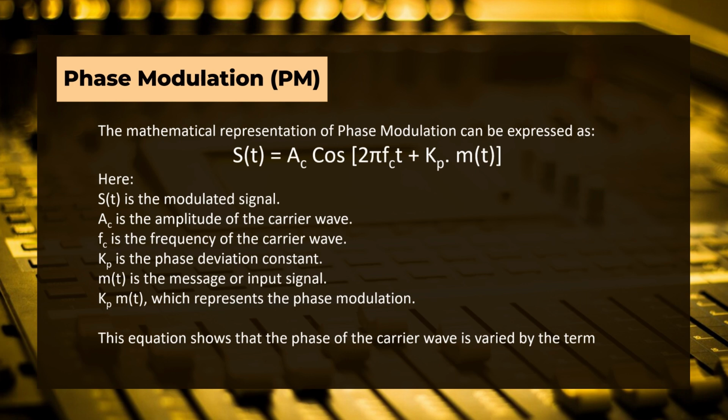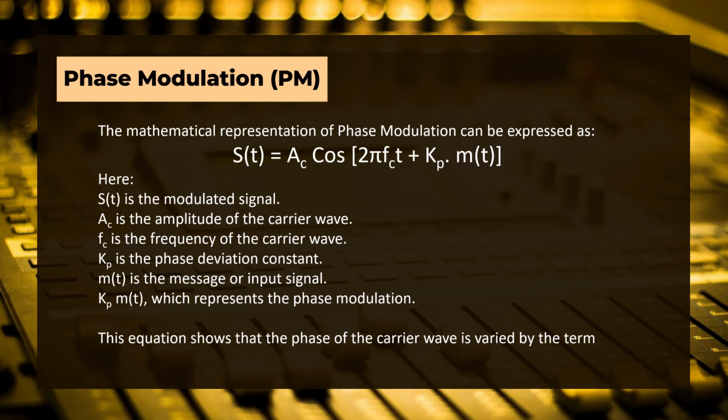Now, let us look into the mathematical representation. The mathematical representation of phase modulation can be expressed by this simple equation. It is given by s(t) = Ac cos(2π fc t + Kp m(t)), where the part 2π fc t + Kp m(t) is the angular parameter.